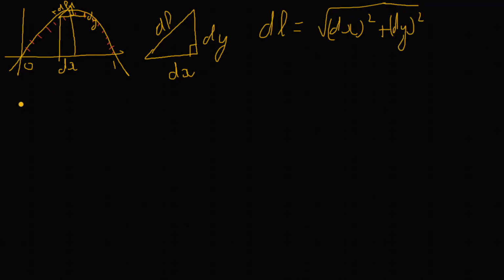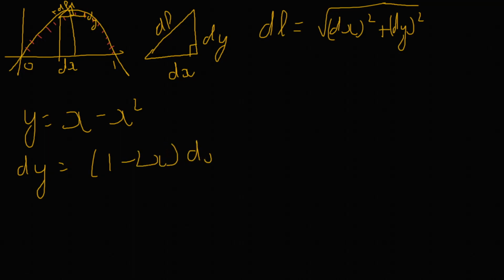But we know that y equal to x minus x square. So differentiating both sides, we get dy equal to 1 minus 2x dx. Now let us put the value of dy in this equation.